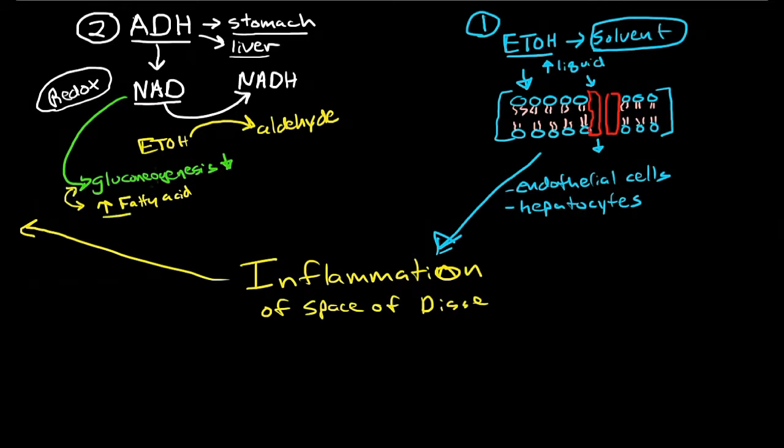If we drink large amounts of alcohol all the time, we are going to be chronically suppressing gluconeogenesis and chronically increasing fatty acid production.